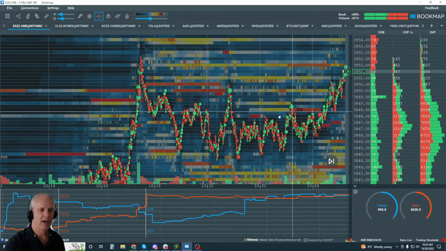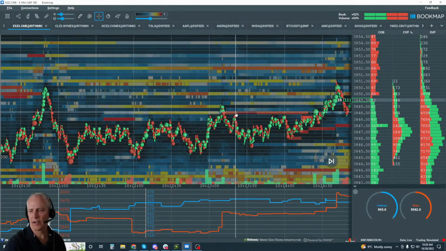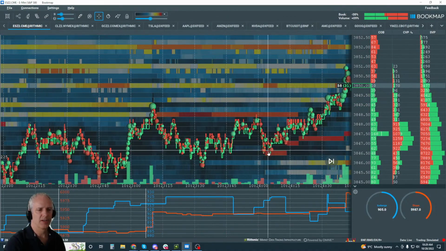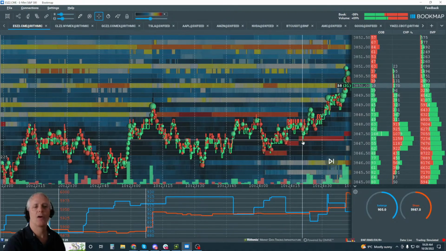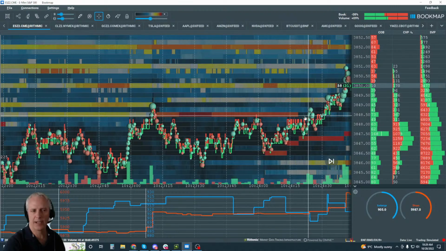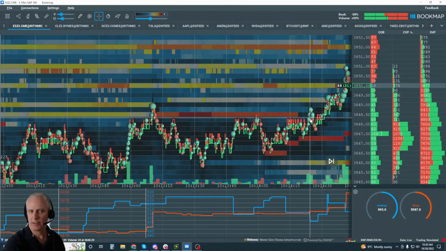We are looking for more buyers at a higher area. And then we saw this: a larger player pulling, adding higher, pulling, adding higher. What's the reaction? We find aggressive buyers, green dots up at these highs in these little areas. That's what we want to see.